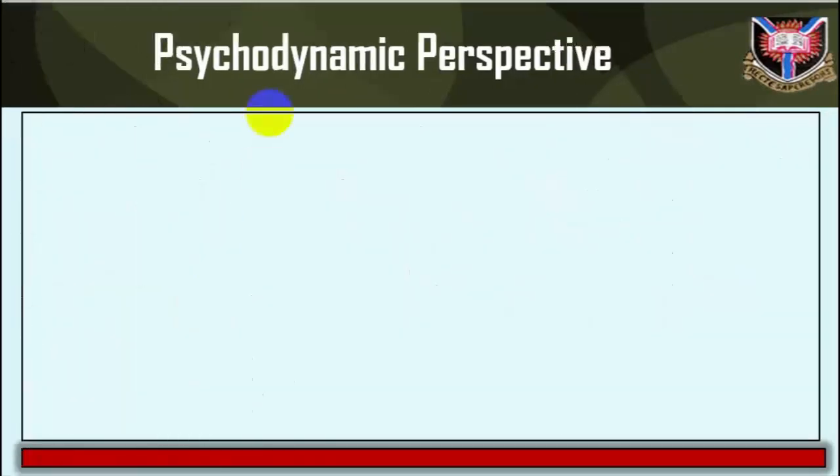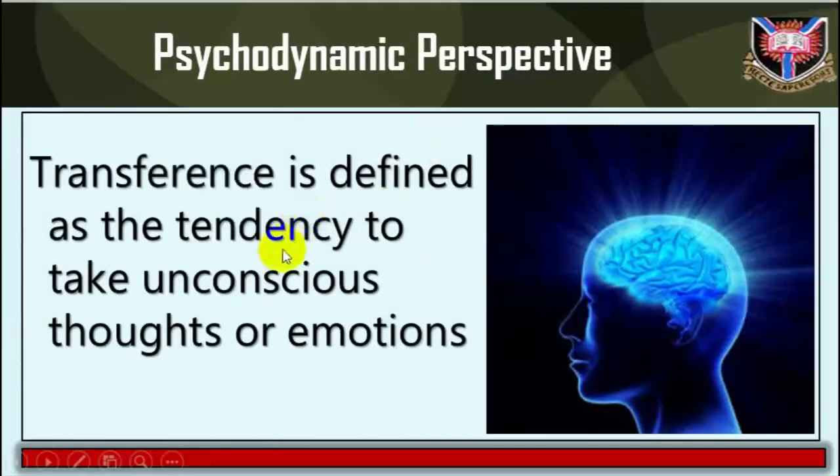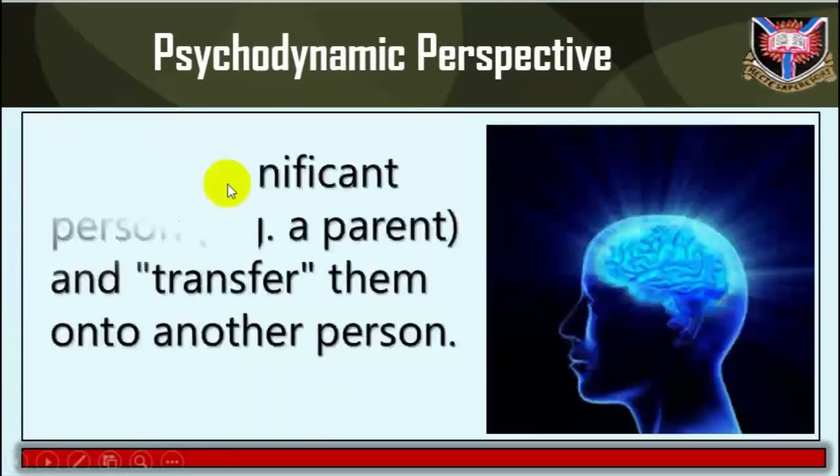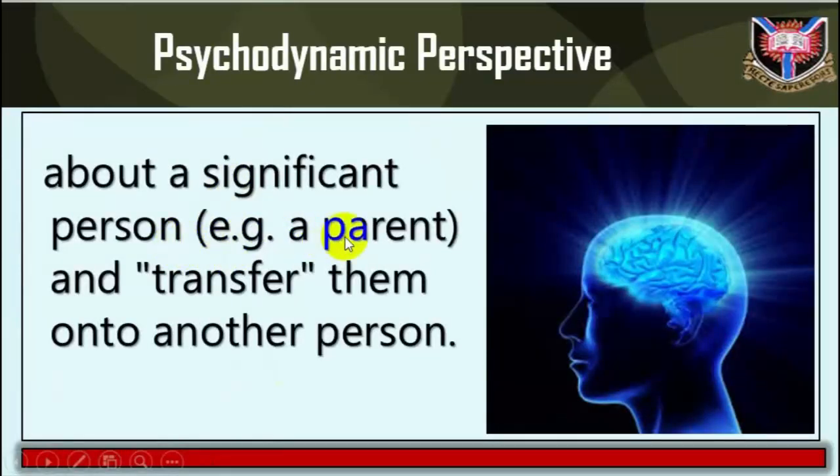Transference is defined as the tendency to take unconscious thoughts or emotions about a significant person, e.g., parent, and transfer them onto another person.